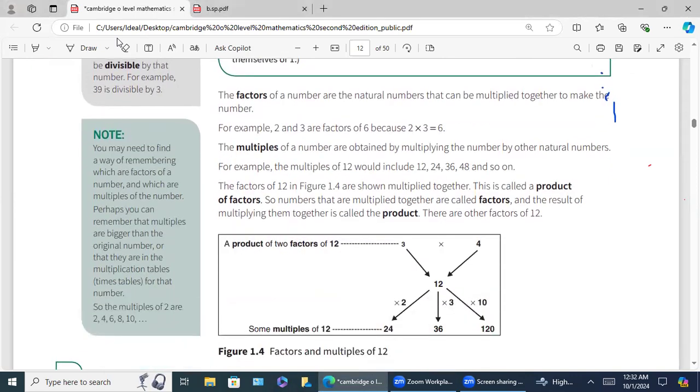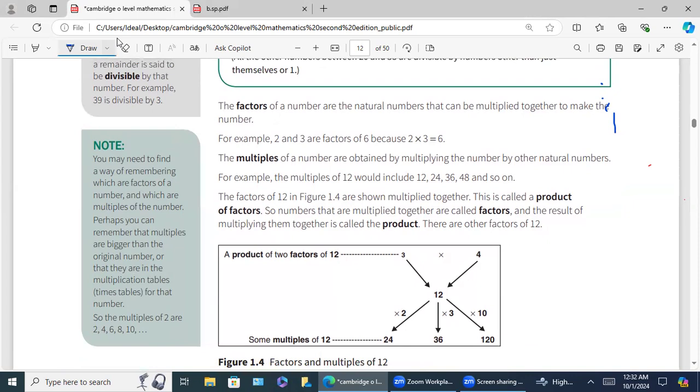So dear student, factors of a number are the natural numbers that can be multiplied together to make the number. When we multiply the factors, we get that original number. And the multiples of a number are obtained by multiplying the number by other natural numbers.